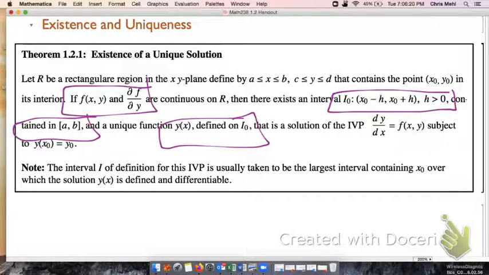The interval I of definition, if you read at the bottom, is usually taken to be the largest interval that contains x naught over which the solution y of x is defined and differentiable. This is essentially what I've been doing before.